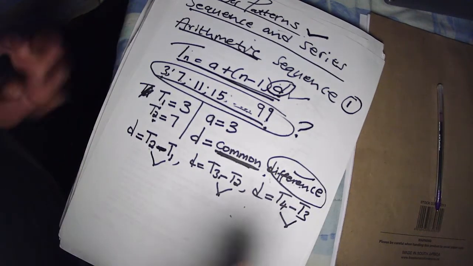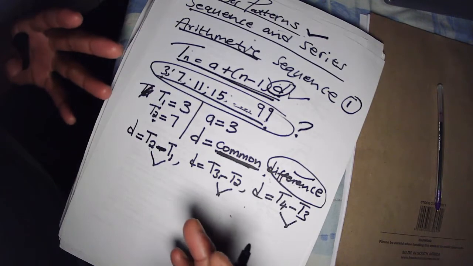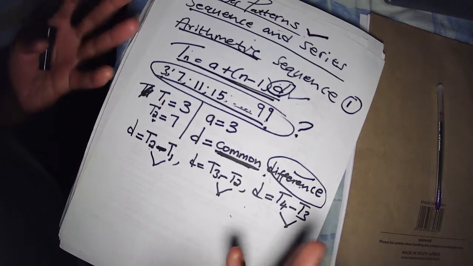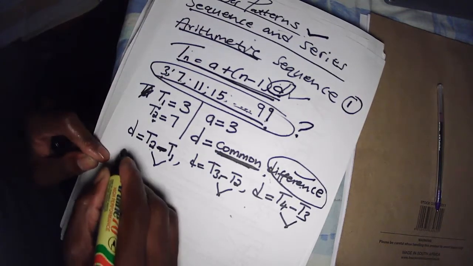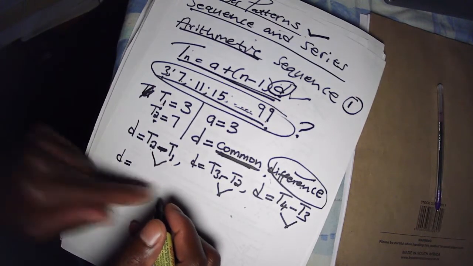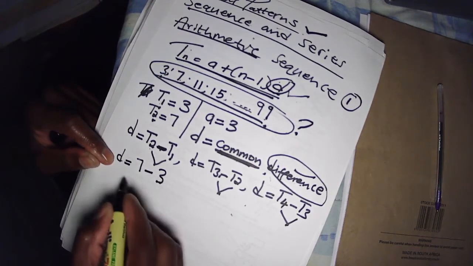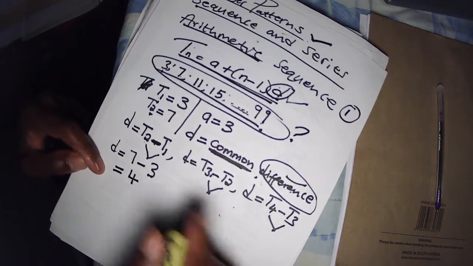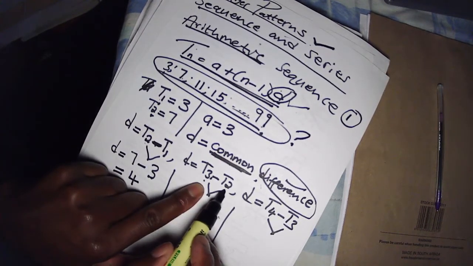So right now, we can try to prove whether this is an arithmetic sequence by calculating the common difference. D is T2 minus T1. So T2 is 7 minus the 3. You subtract 3 from 7, we get a 4. Let's see whether the same applies for T3 minus T2.